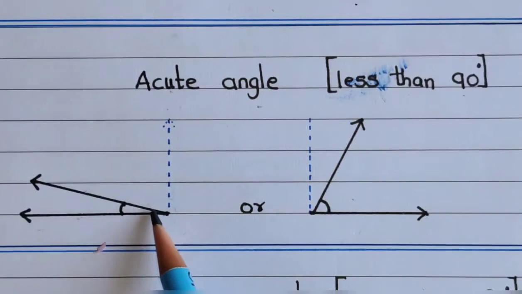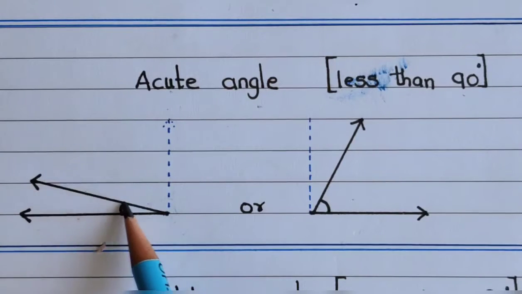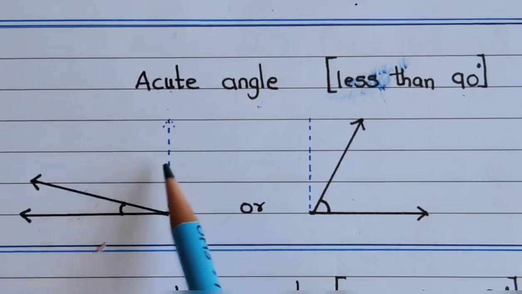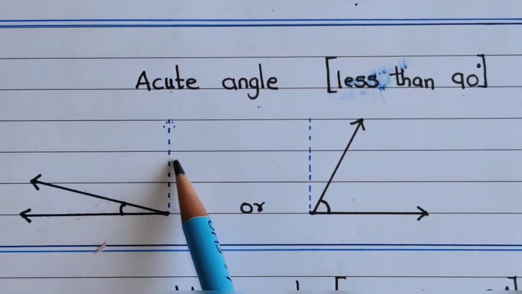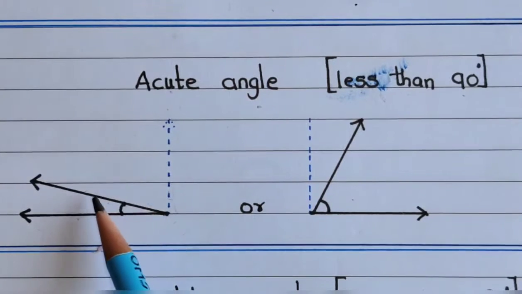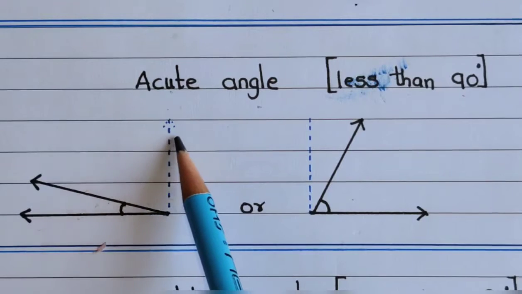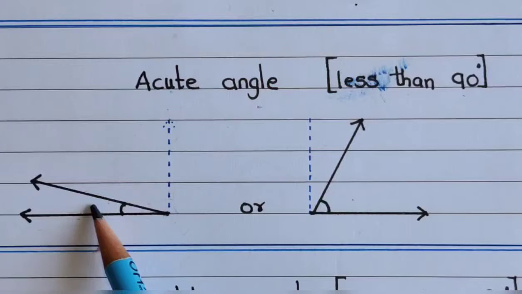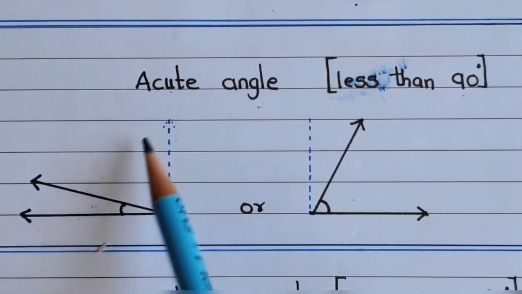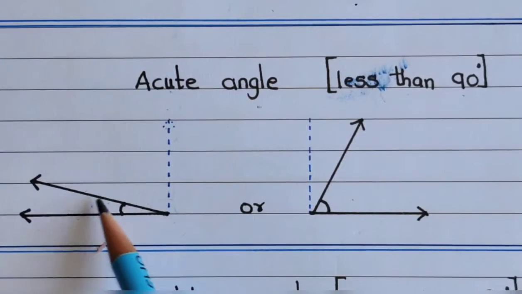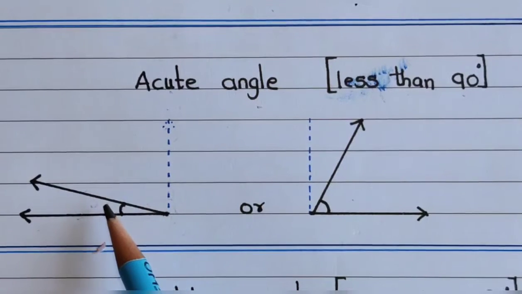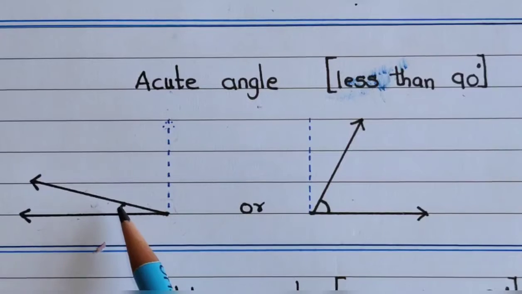And as you can see, my second arm of the angle is actually inside the 90. See the 90-degree forming arm is here, and still this arm has not reached here. So this is less than 90. It could be 10, it could be 15 degree. Okay, so not 90 but less than 90. So if the second arm comes between or inside 90, then we can say that this is an acute angle.